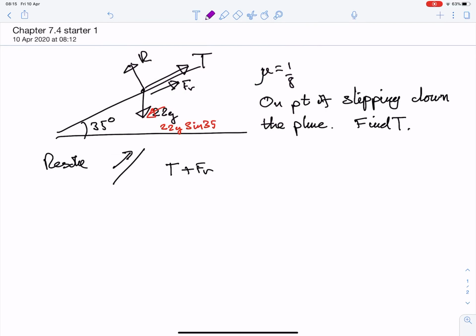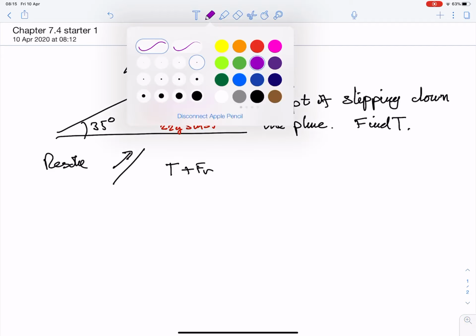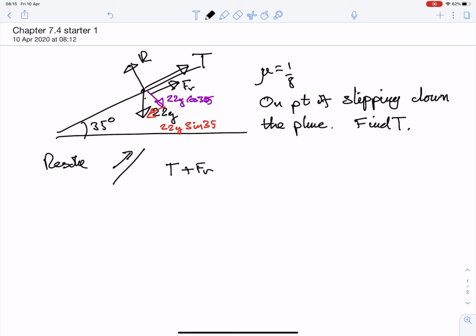And while we're looking at that bit, we've also got the bit perpendicular to the plane, and that's next to the angle, so that's going to be 22g cos 35. And let's just put the angle in while we're at it. So that angle there is 35 degrees.